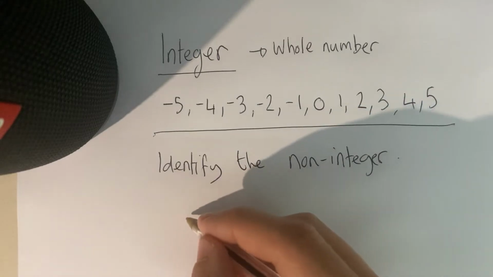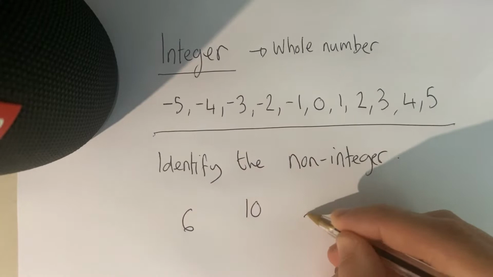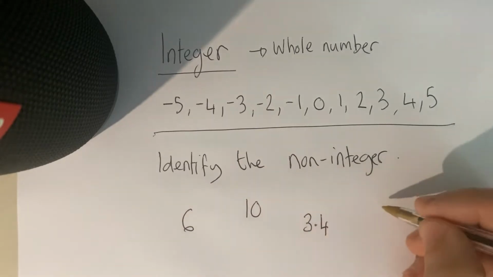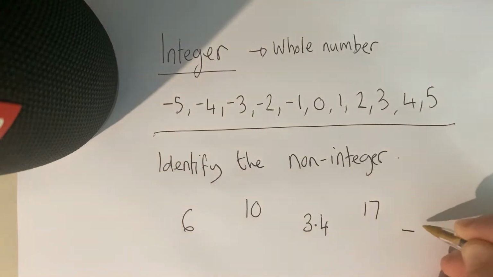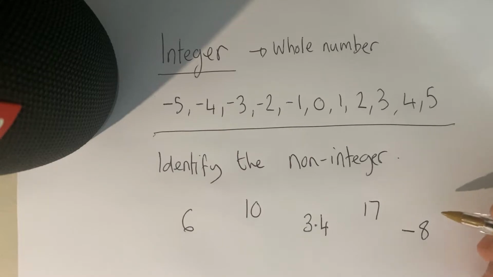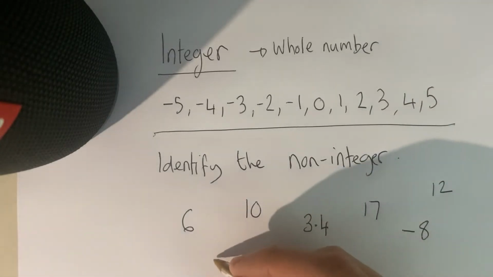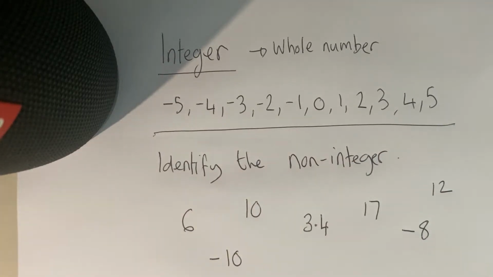Let's have 6, 10, 3.4, 17, -8, 12, and -10. I'll leave you to have a look at those and see if you can identify the non-integer. Give you a little bit of time.